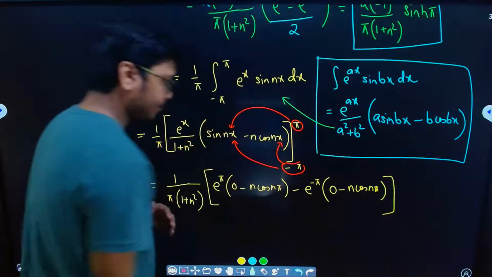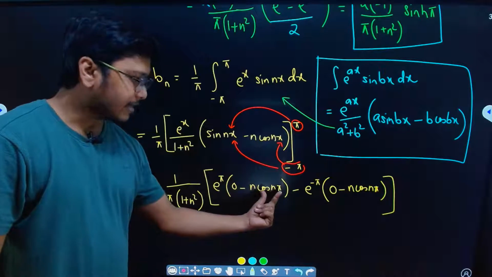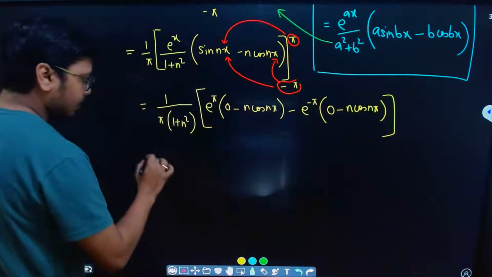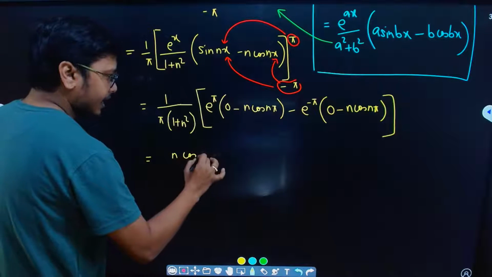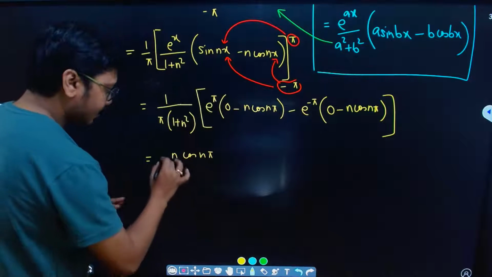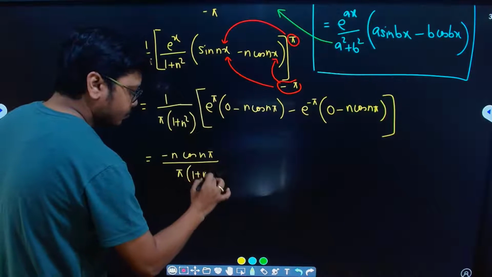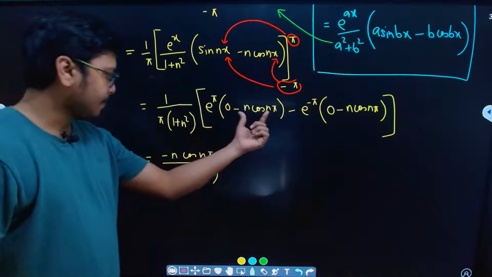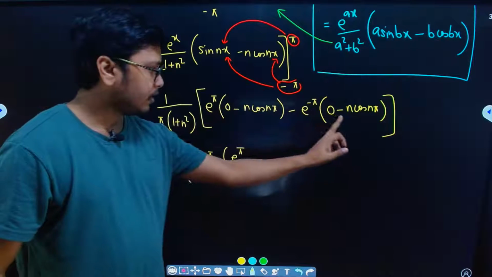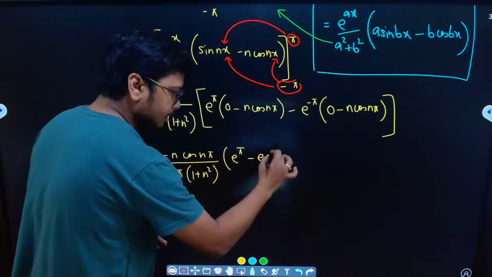Okay, and bracket close. So here I can see that I can take n cos n pi common. I think I can take a minus also common along with that, one minus sign. So I'm taking a minus sign common by pi 1 plus n square. So I've taken minus cos n pi common. I will be having e to the power pi, and over here minus minus it's becoming plus, taking a minus common, so again becoming a minus.